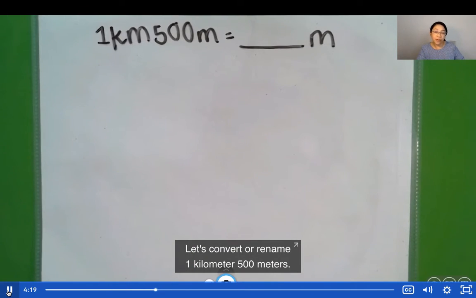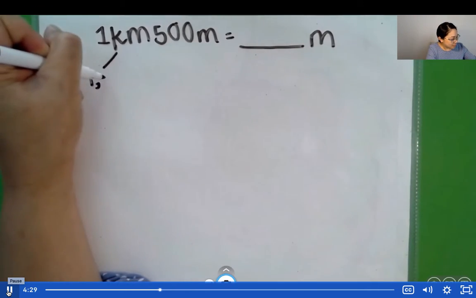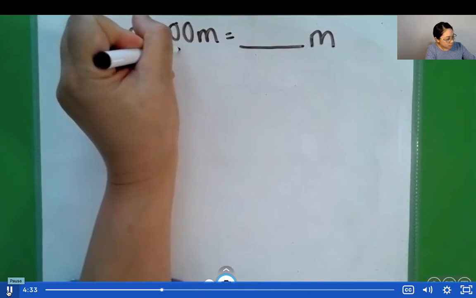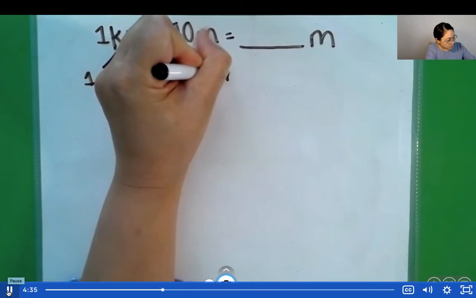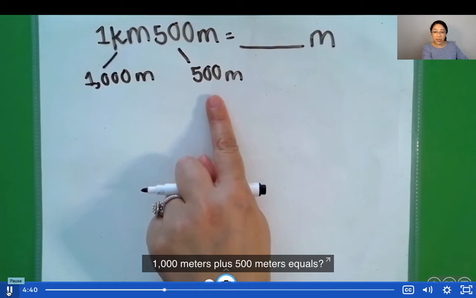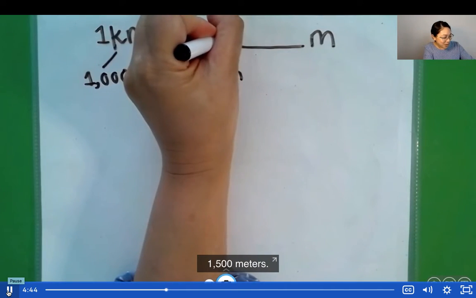One kilometer, 500 meters. 1 kilometer is equal to how many meters? 1,000 meters. 1,000 meters plus 500 meters equals 1,500 meters.